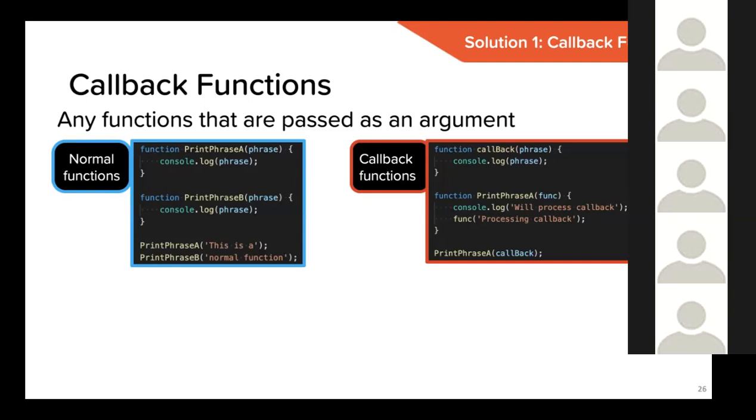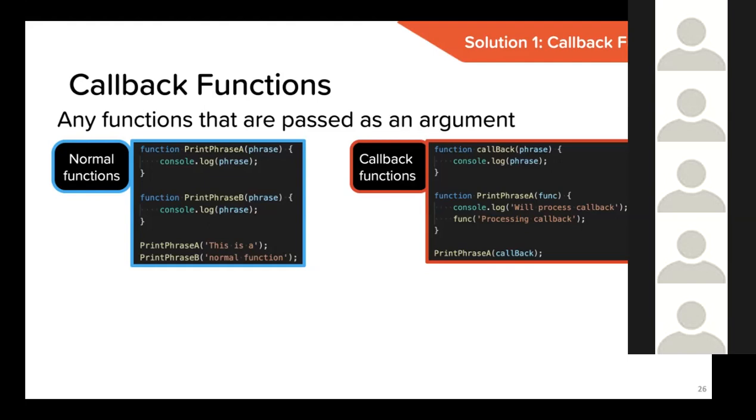Line 1 is going to say this is a, and line 2 is going to say normal function. But if I were to create them as callback functions, I use JavaScript's ability to pass in a function as a parameter so that I can guarantee that it's used at the right time.